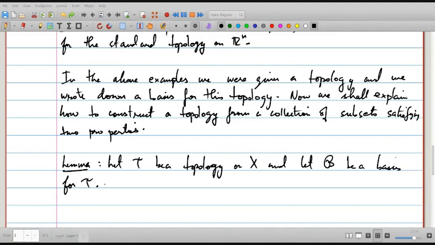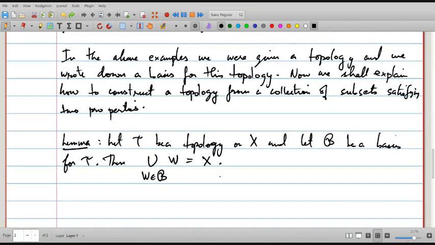Then the union of all members of the basis is equal to the full set X. So this is easy to prove and it follows easily from the definition of a basis.